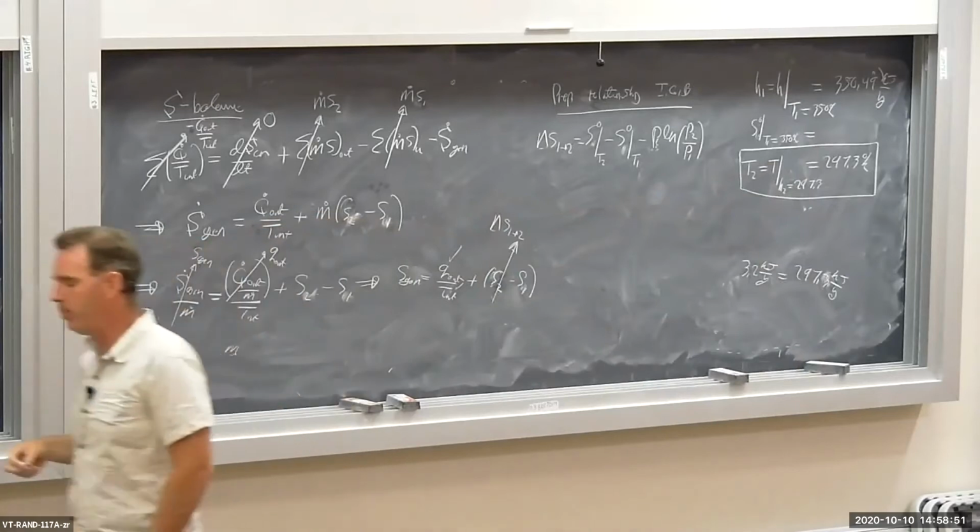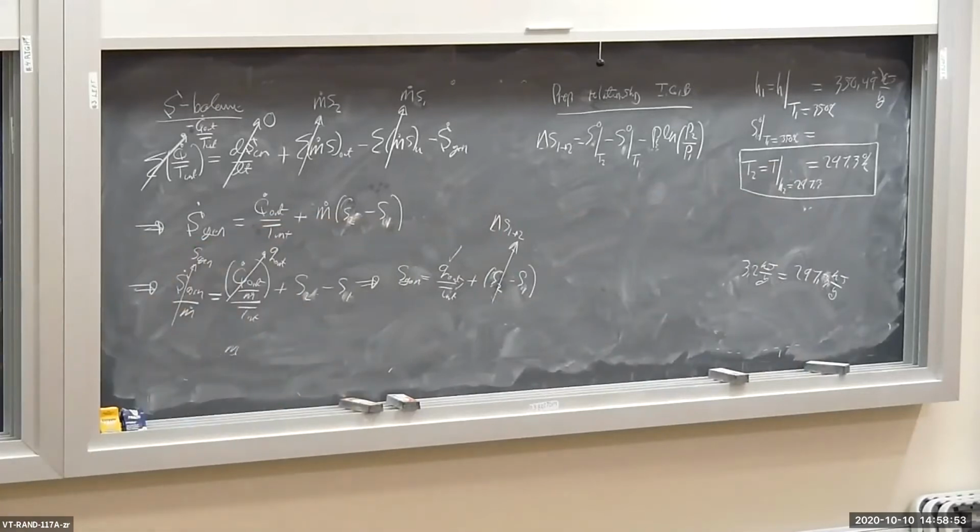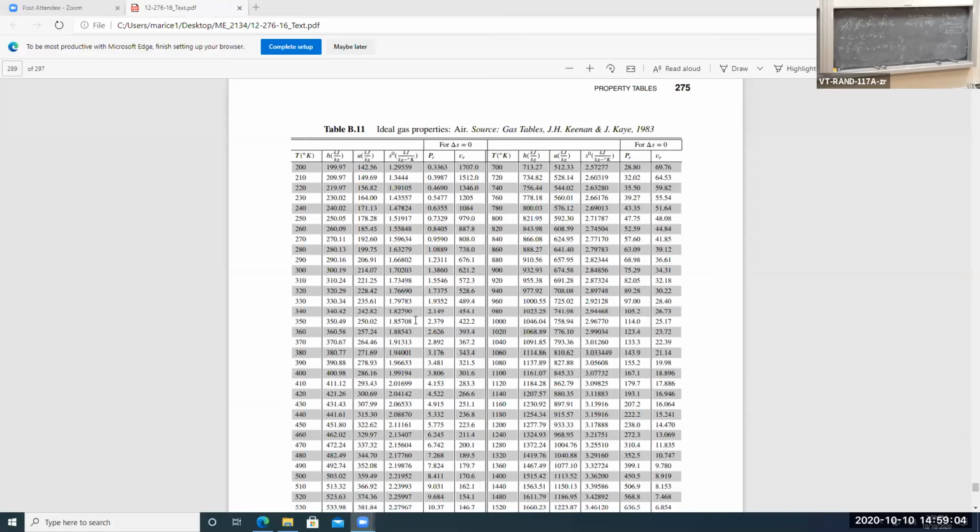Let's see, I go to the ideal gas air property tables and pull out S0 at the inlet temperature. Here's 350, here's S0: 1.857 kilojoules per kilogram Kelvin.